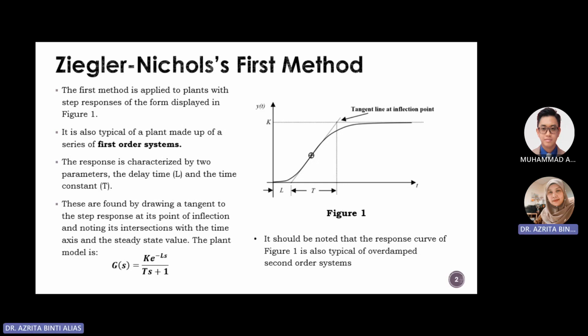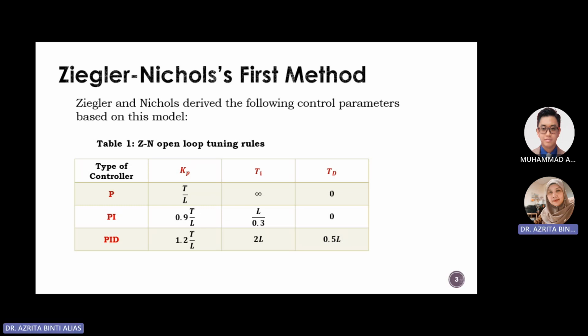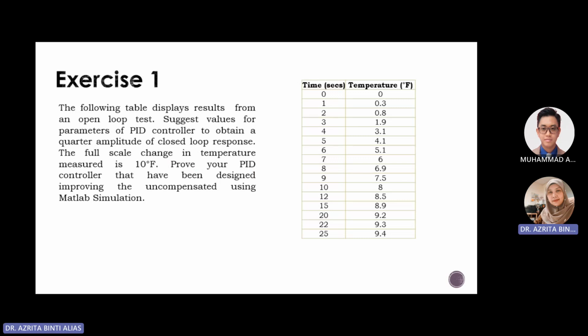Now we look at how to determine all these parameters K, L, and T. This is the table that is given that we will use to design the P, PI, and PID for the Ziegler-Nichols first method. I will show you how to determine the values of K, L, and T based on this exercise.